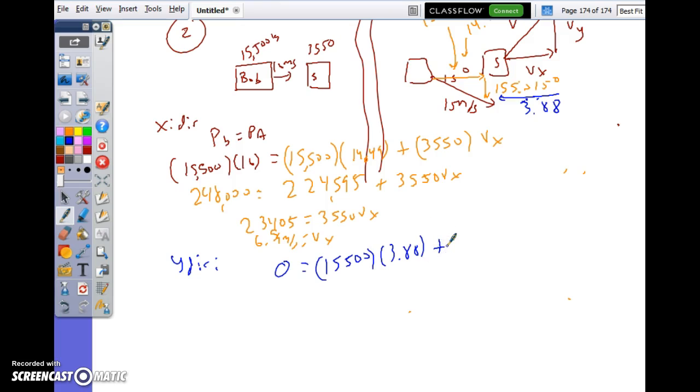Wait, I just did that wrong. It's the other direction. So I'm going to put a minus on that one simply because I drew it downwards. One of them's got to be negative. And then the other one would be 3,550 times velocity in the y direction.